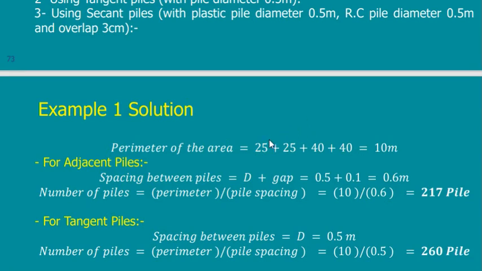The perimeter is 25 plus 25 plus 40 plus 40. This is 50, this is 80, so it is 130.